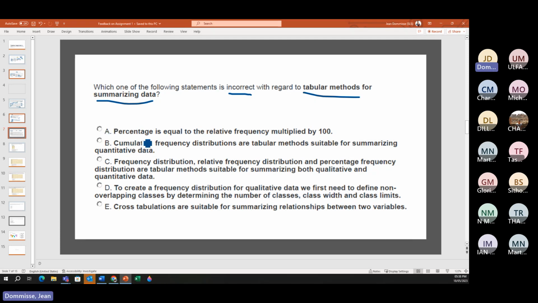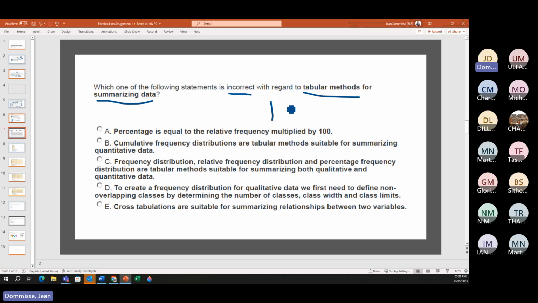A percentage is equal to the relative frequency multiplied by 100. Okay, so when we look at the table, we look at frequency, we look at relative frequency.